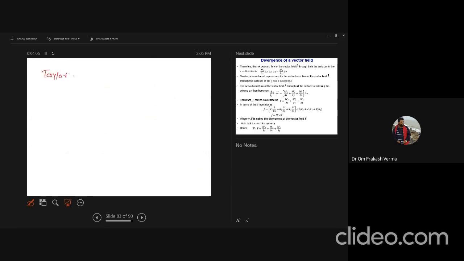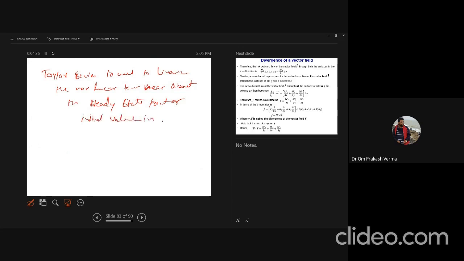Taylor series is used to linearize the non-linear term near the steady state point or the initial value in the neighborhood. So this is the definition, right?